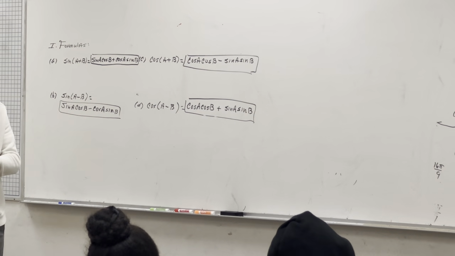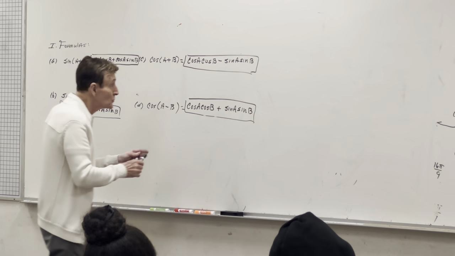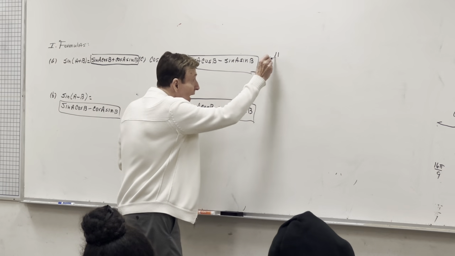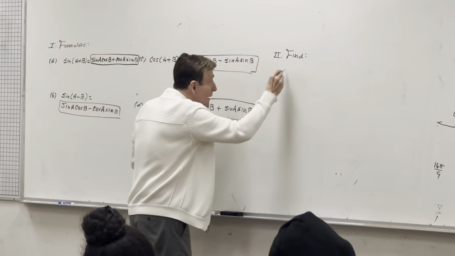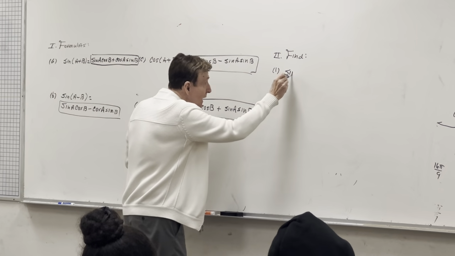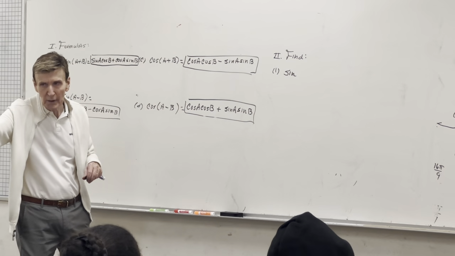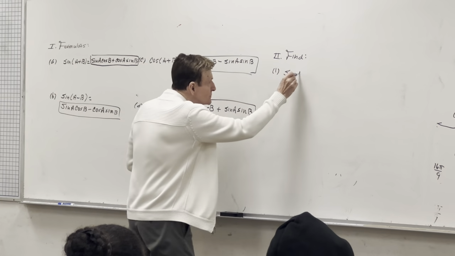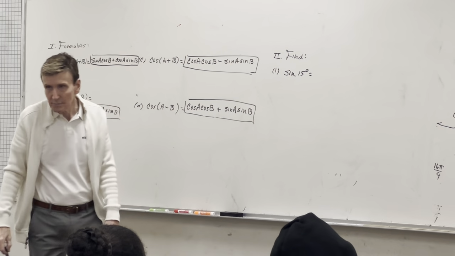Now, a student asked me, not too many days ago, Professor, suppose you're asked to find this. And I may have started out with that on the handout. Sine of, let's say, I'll put it in degrees first. Sine of 15 degrees.